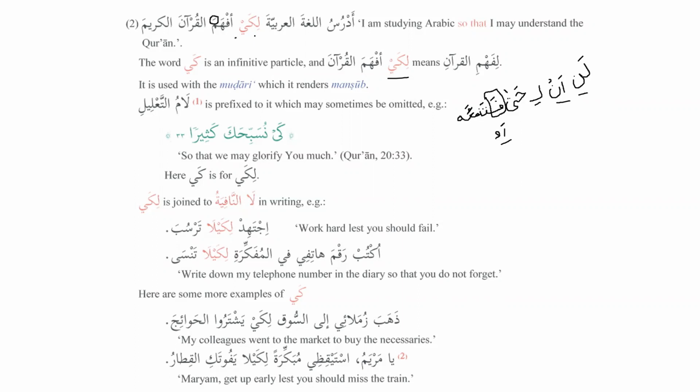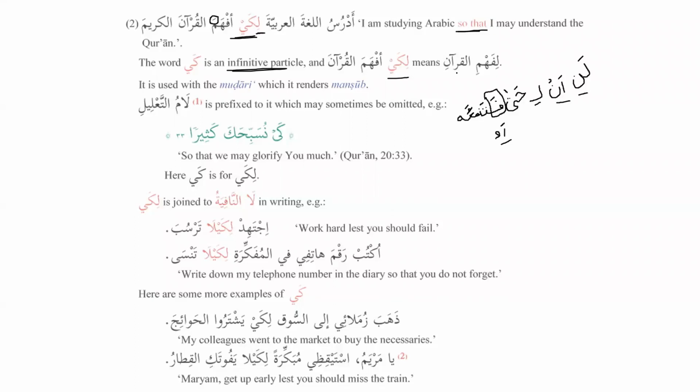So as we can see over here, kay basically, and this is la mutalil, it comes with it together sometimes, so that it gives the meaning of so that, kay or likay, and it makes the mudari mansub. The word kay is an infinitive particle, yani this is al-masdar al-mu'awwal, and it makes mudari mansub.